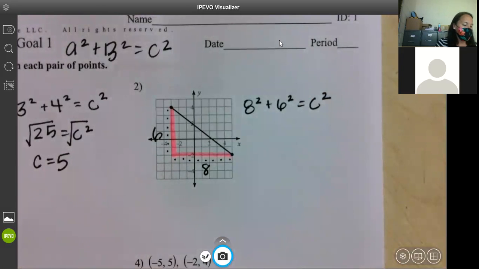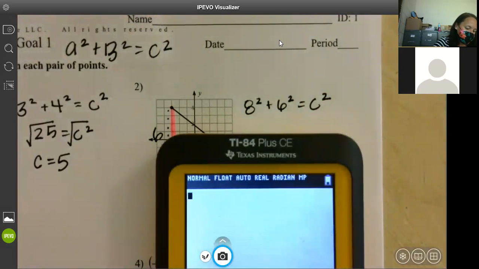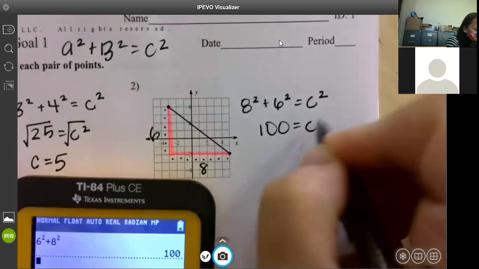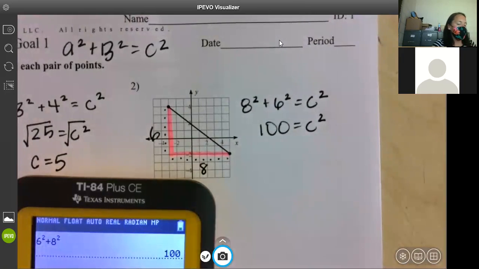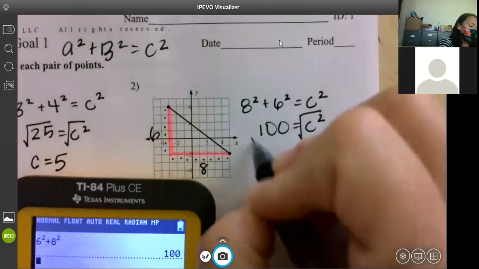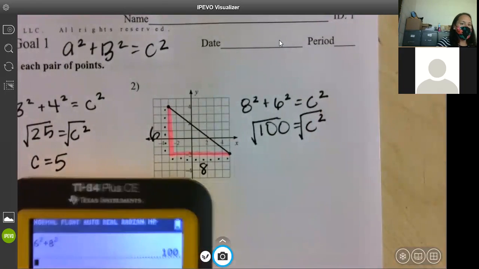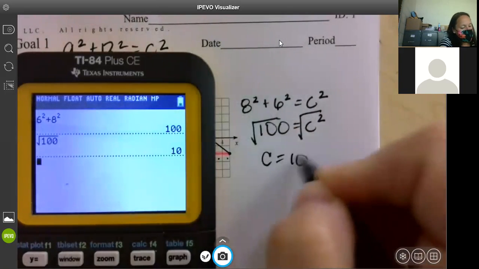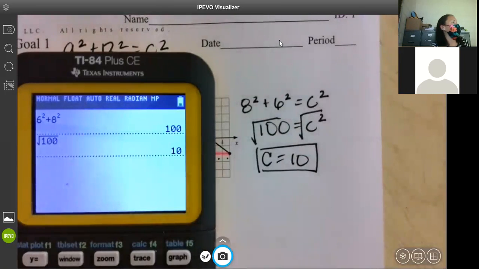If you give me 6 squared plus 8 squared, that's fine. Then we get 100. Then we take the square root. You want to try that in your calculator first. So square root of 100, and we do get a whole number, 10. So then I don't have to worry about simplifying. Any questions on those 2? Everybody okay? It's really simple, right?